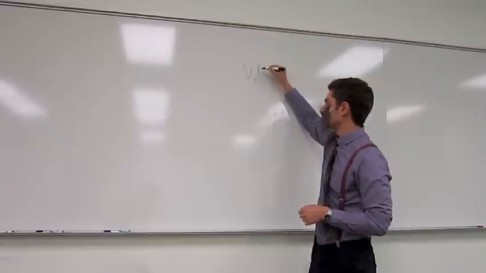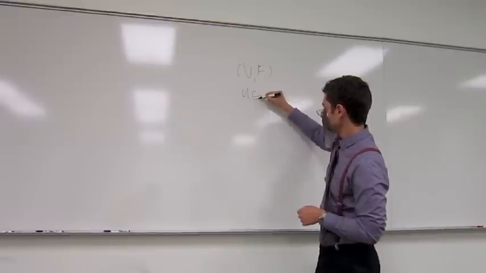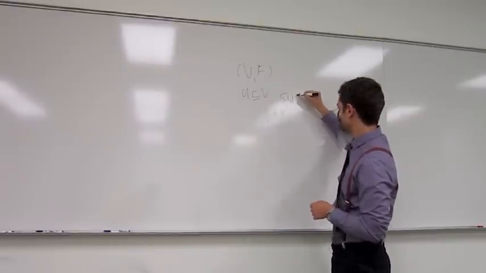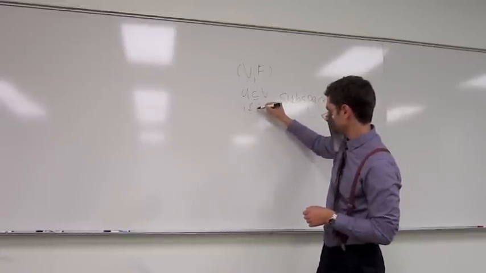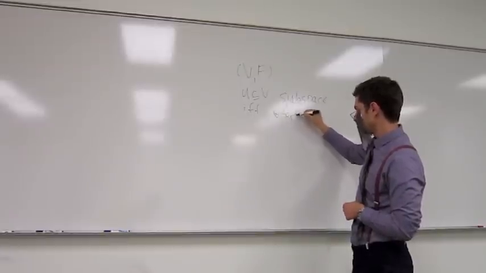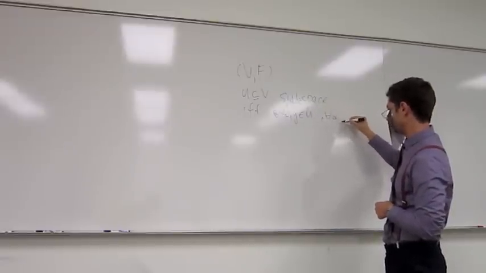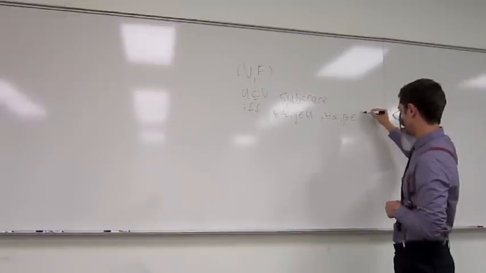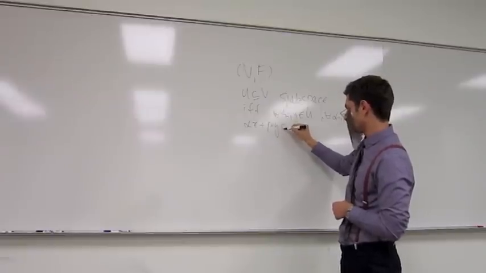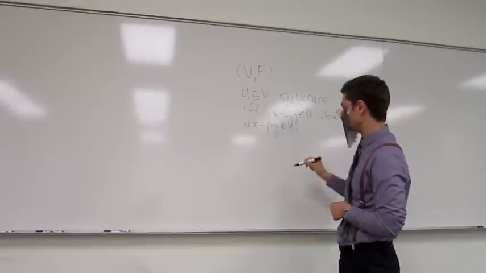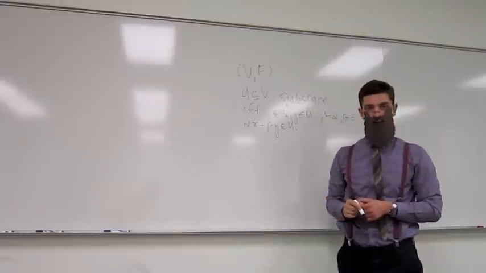Let V be a vector space over a field F. Then a non-empty subset U is a subspace if and only if for every vectors x and y in U and every alpha and beta in F, alpha x plus beta y is also in U. Therefore, subspaces are closed under addition and scalar multiplication.